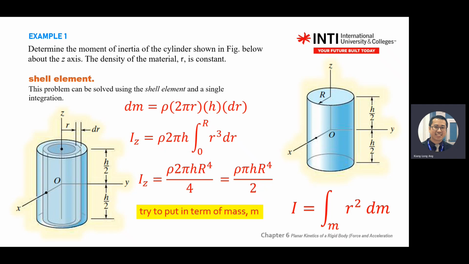What happened to your equation? What is your mass again? Rho pi. What is the remaining one? H, R what? So what does the equation become? M H R squared divided by 2.